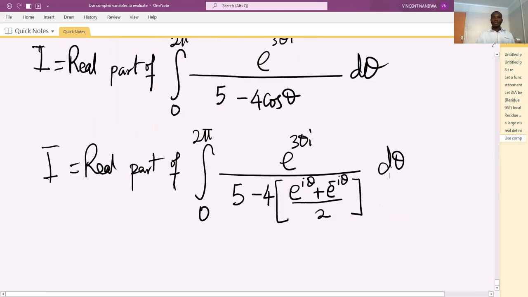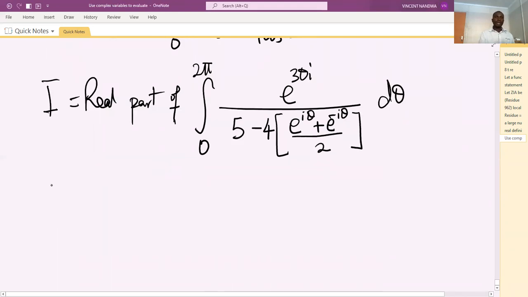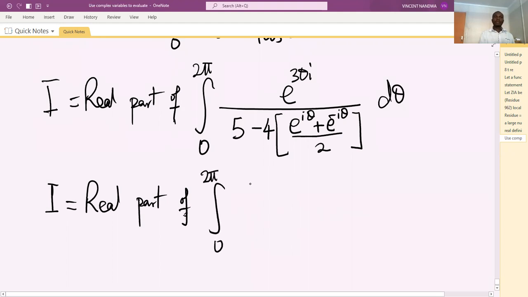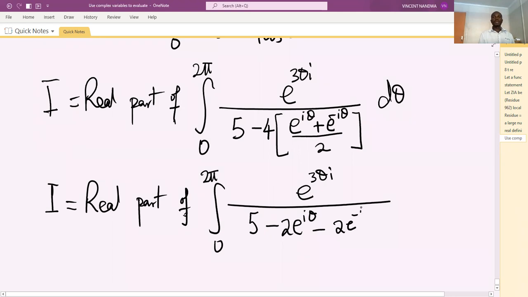So in simplification, this will give us I is equal to the real part of the integral 0 to 2 pi of e raised to power 3 theta I over 5 minus, now these two divide these 2 times, so minus 2 e raised to power I theta minus 2 e raised to power minus I theta d theta.